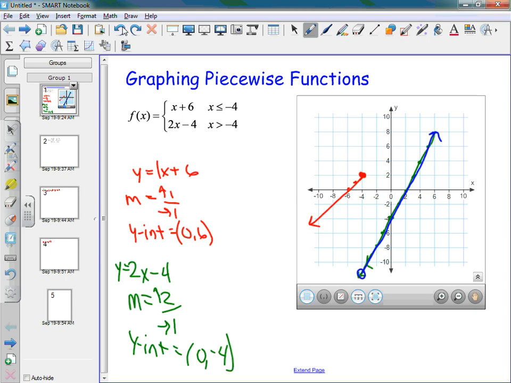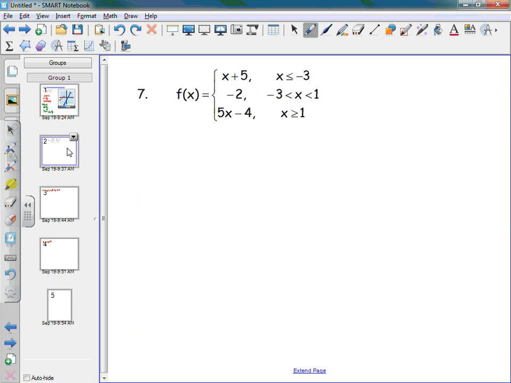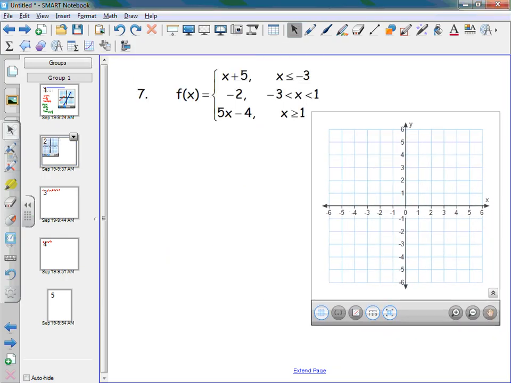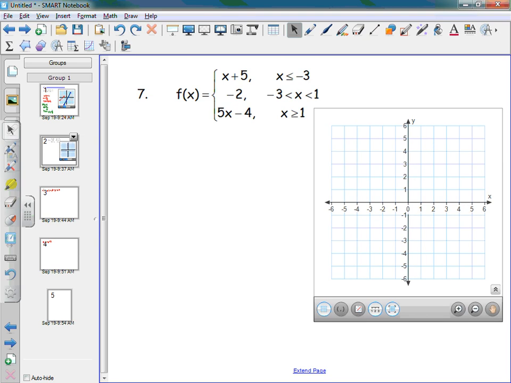Should we do one? Okay, let's do number 7. I have 3 different graphs, right? Let's do the really easy one first. Which one's the really easy one? y equals -2 is the absolute easiest one up there, right?